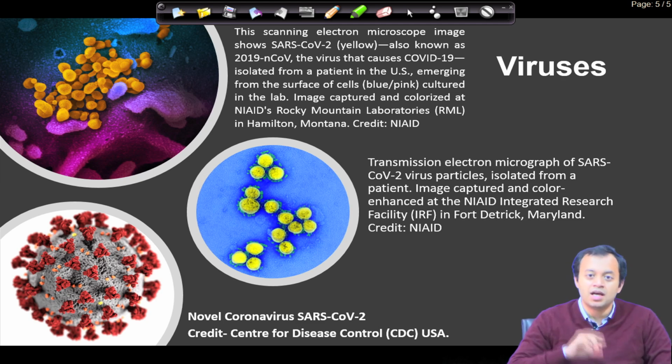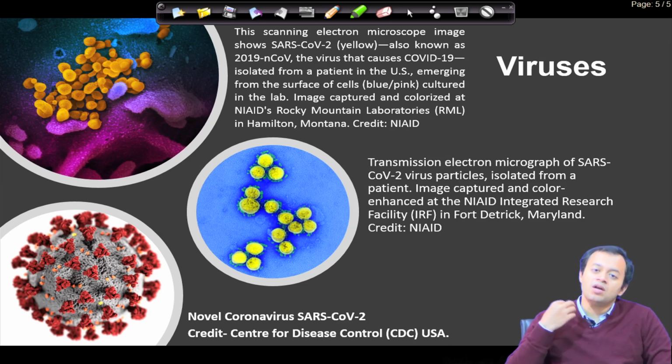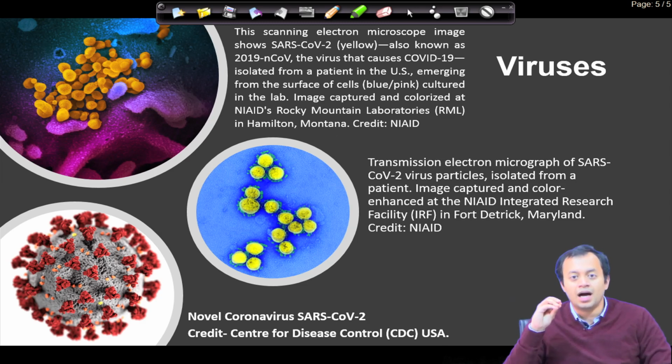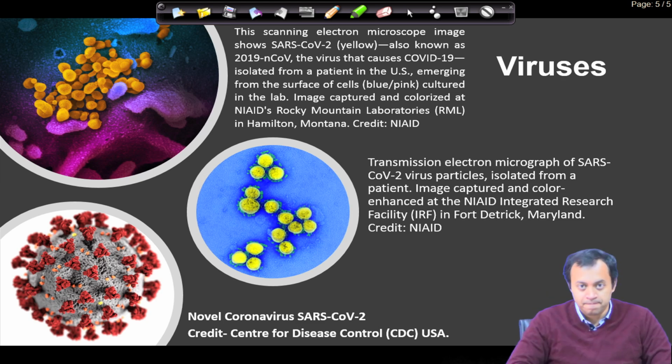Same thing happens here. The genetic material inside the nucleus now hijacks the nucleus's reproduction machinery, and the nucleus no longer produces its own genetic material, no longer produces anything else but the virus itself.